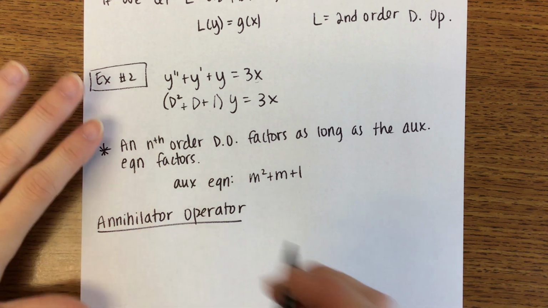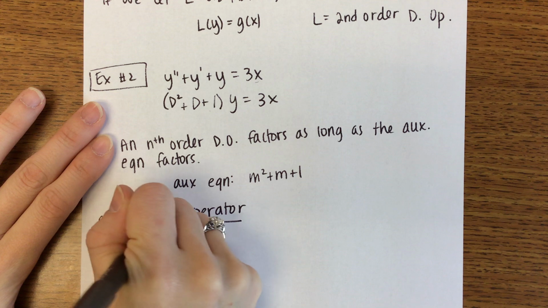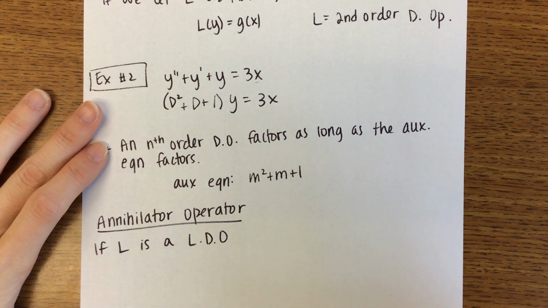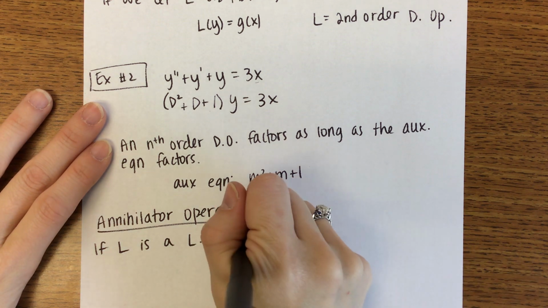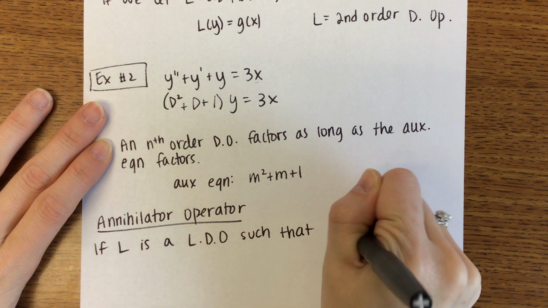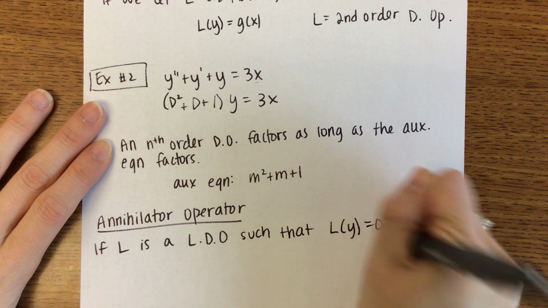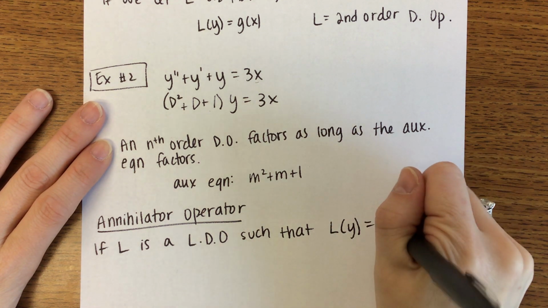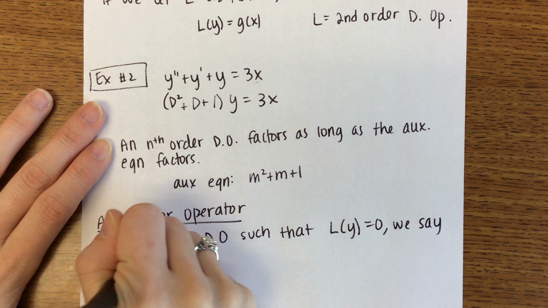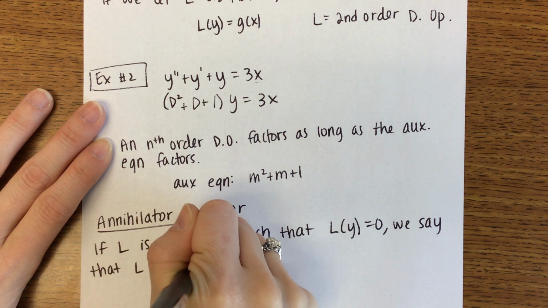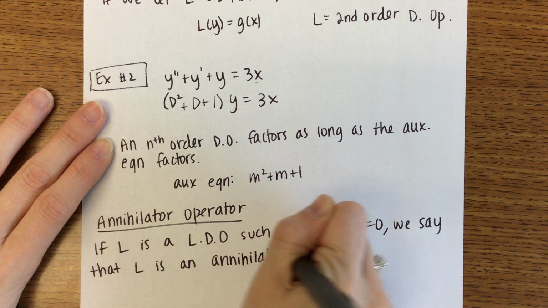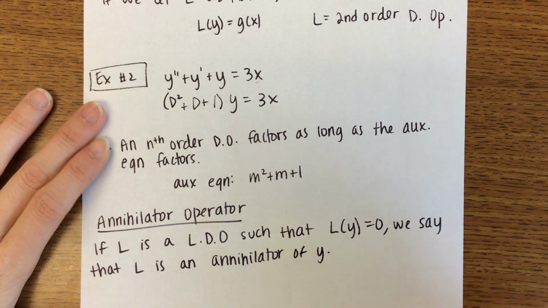Okay, if L is a linear differential operator such that when I apply L to y, I get 0, we say that L is an annihilator of y.